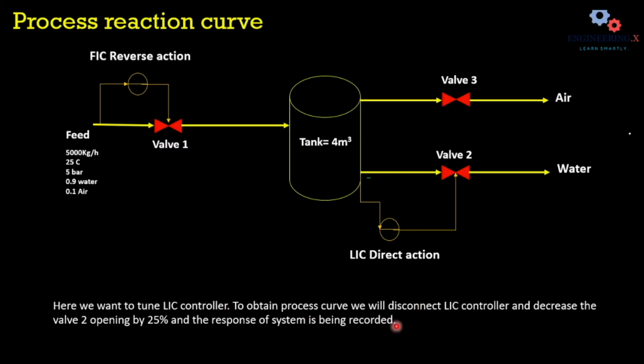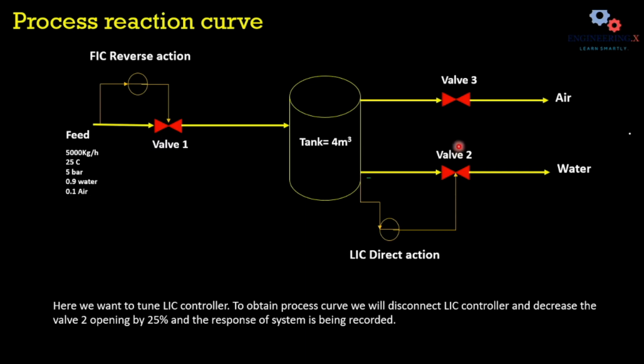To obtain the process curve for this process, we have to disconnect the LIC controller from valve 2 to make the loop open, and then we are going to decrease the valve 2 opening by 25%, and the response of the system will be recorded.